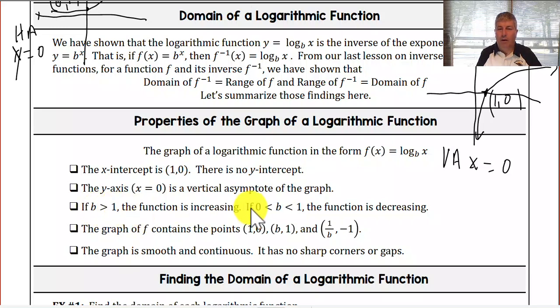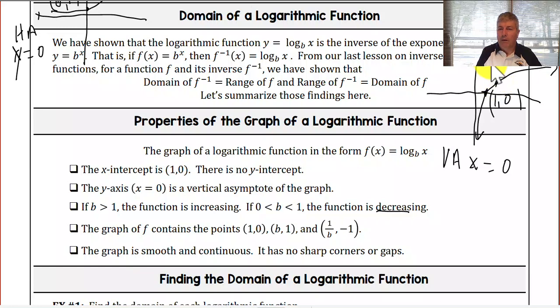If b is greater than 1, our base is greater than 1, then the function is increasing. If our base is between 0 and 1, the function will be decreasing. The graph contains the point 1, 0 and b, 1 and 1 over b, negative 1.